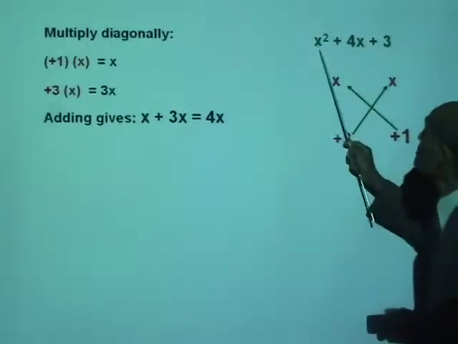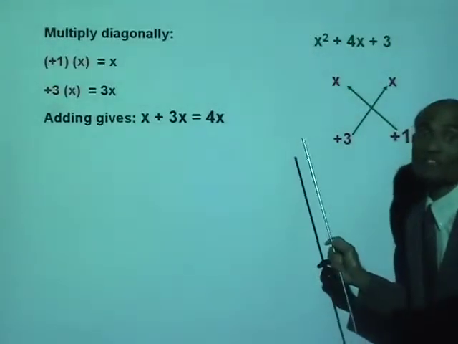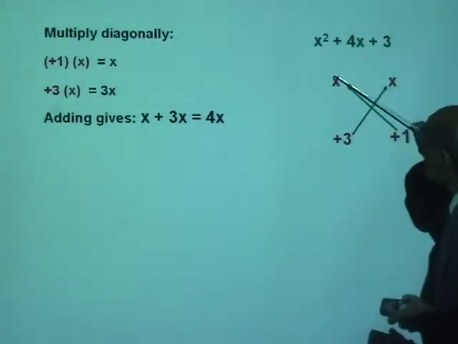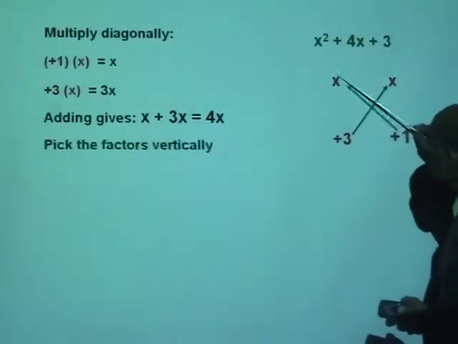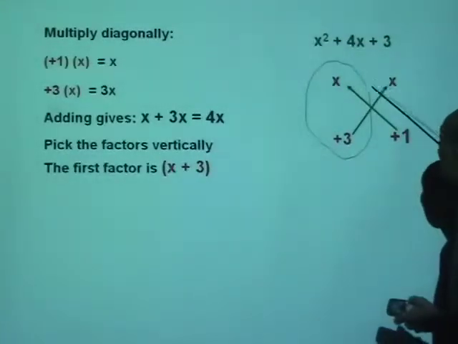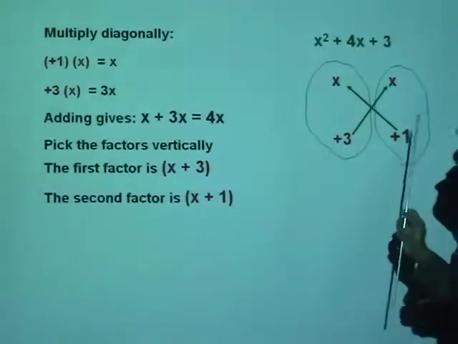That means this trinomial is now factored. What are the factors of that trinomial? x plus 3 is the first factor, and x plus 1 is the second factor.